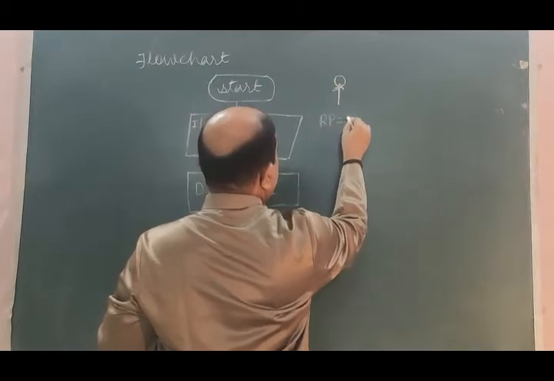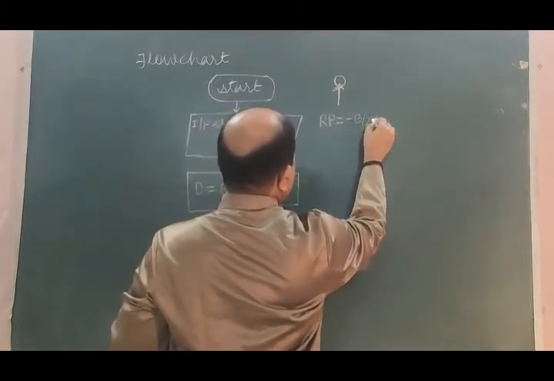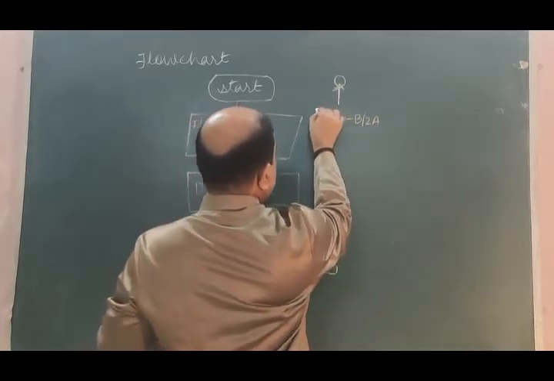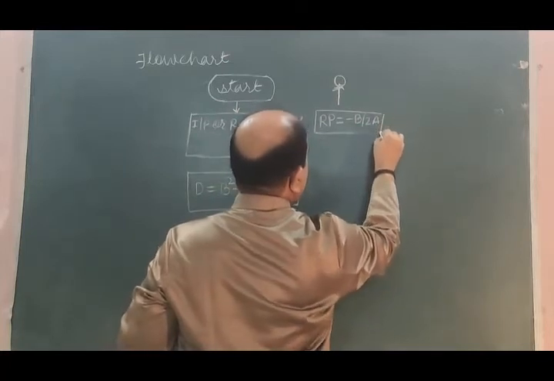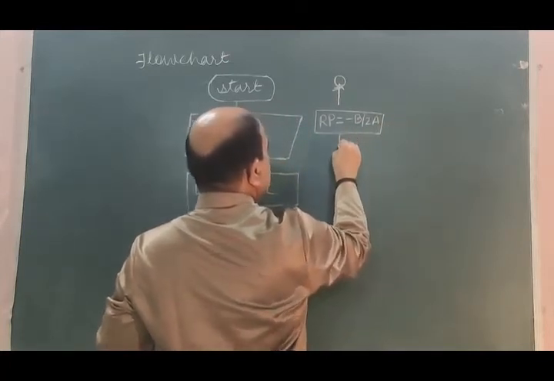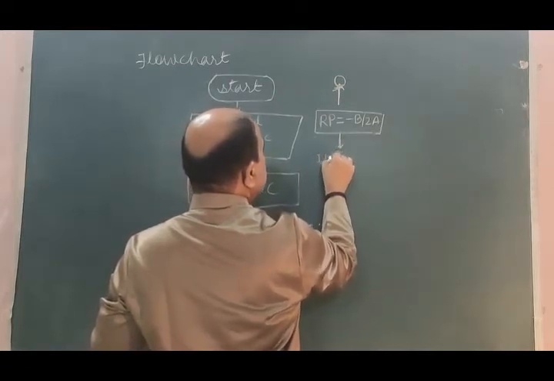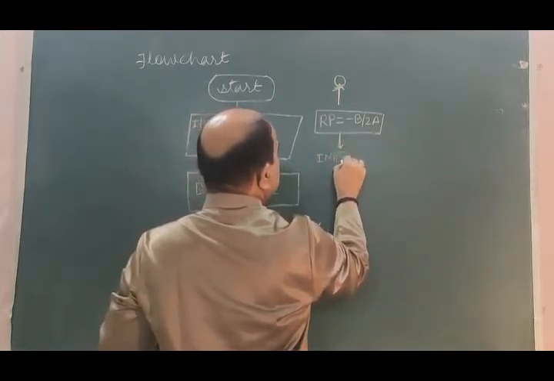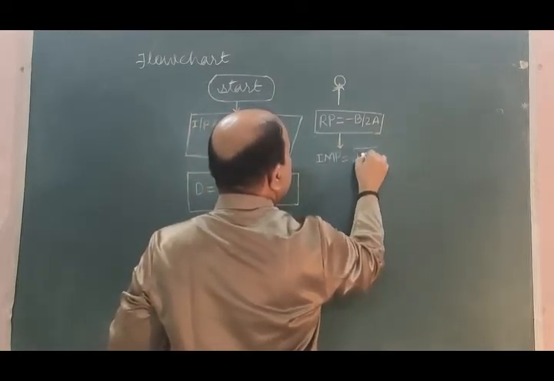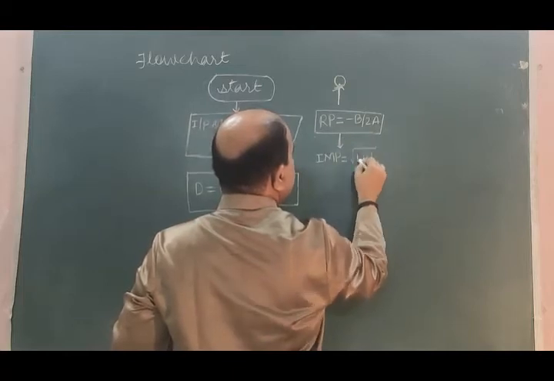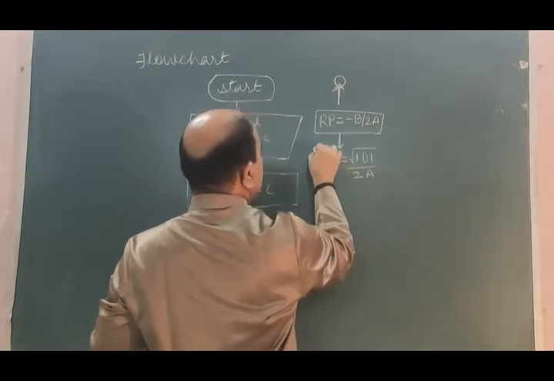Real part is equal to minus B divided by 2A. This should be inside the rectangle. Then I have to go for the imaginary part, that will be square root of modulus of D divided by 2A.